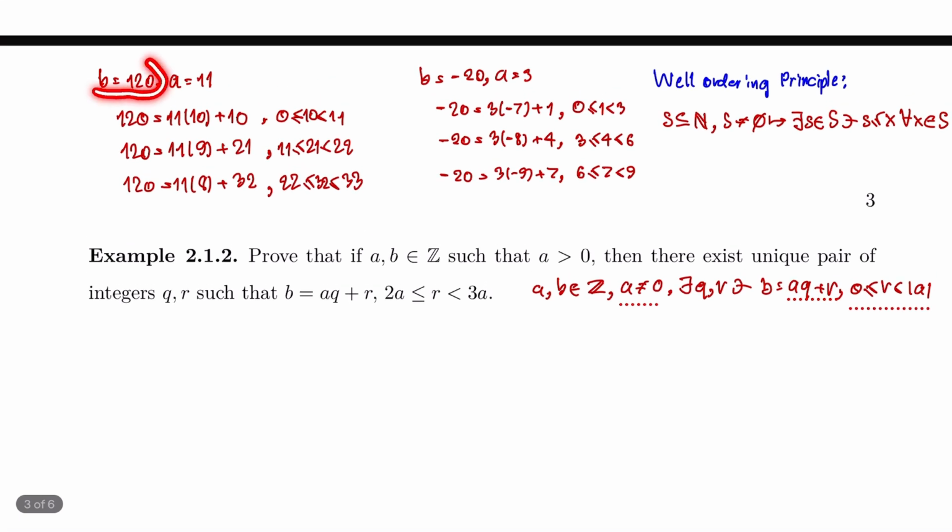If b is 120 and the divisor is 11, if you choose quotient 10 and remainder 10, you have 120 equals 110 plus 10, where 10 is greater than or equal to 0 and less than 11.